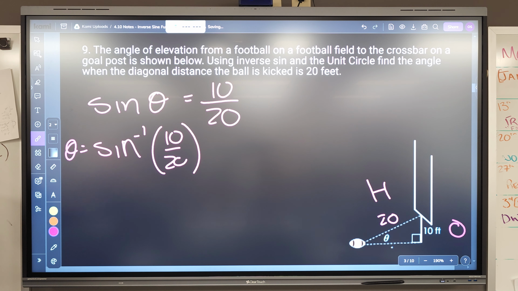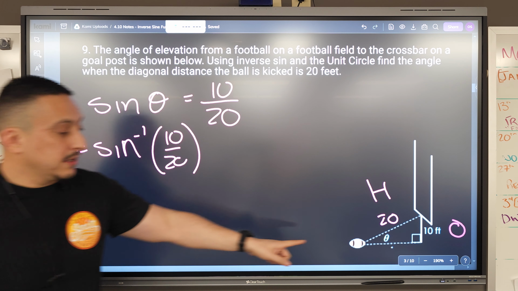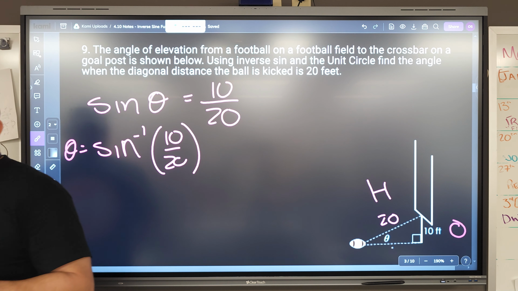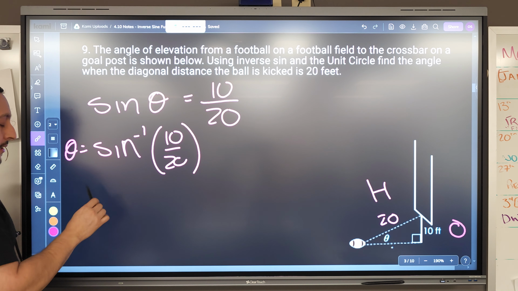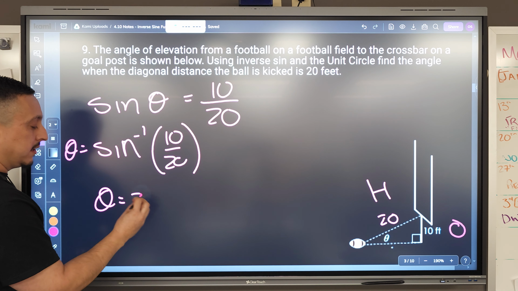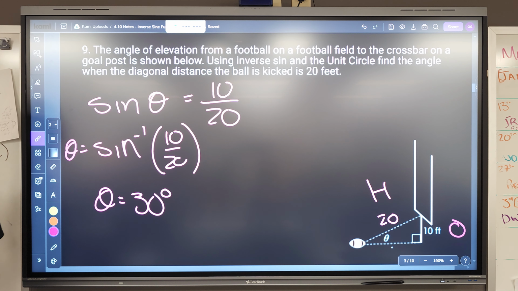Like you're already using that button before, right, on your calculator. It's the sine button, but it's the blue one. So you're gonna do second sine. Make sure you're in degree mode if you want degree answers. Okay. So theta would equal 30 degrees. Okay. So there it is. Questions, guys?